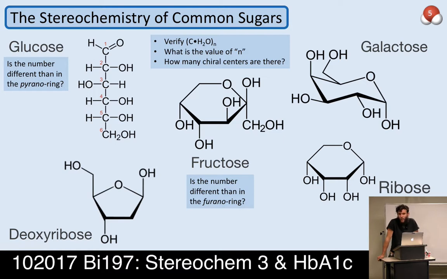If it didn't, I want you to look at the molecule and try to figure out why. Where did it go off the rails? And then the third thing is, how many chiral centers are there? All right? I'll mix about and help you.